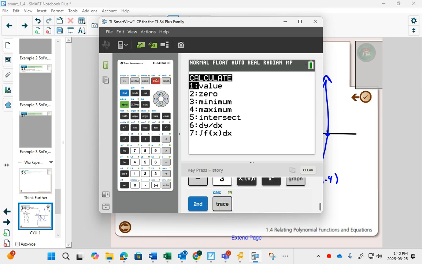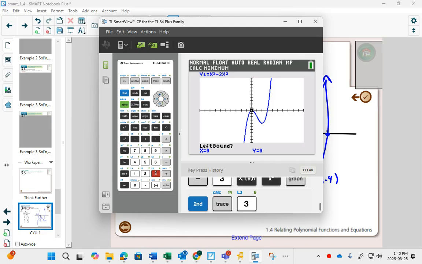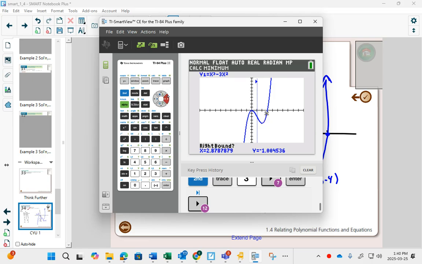And if I actually use my calculator to find the minimum between these two. Is it at 2? It is. 1.999 happened to be perfectly at 2. Got lucky that way. Sometimes you'll find it isn't exactly at that point.